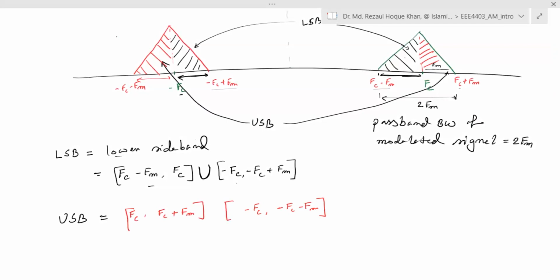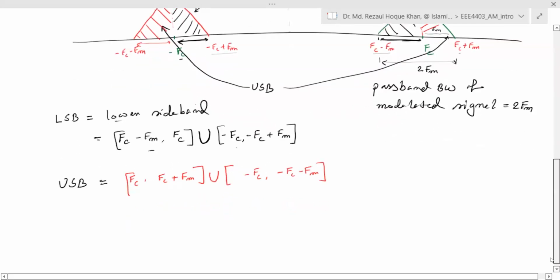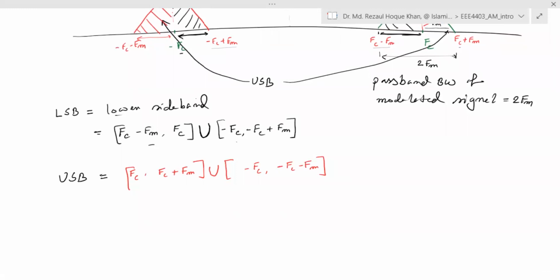So if you want the whole upper sideband, both of these bands will be in union. We can express it in this way.